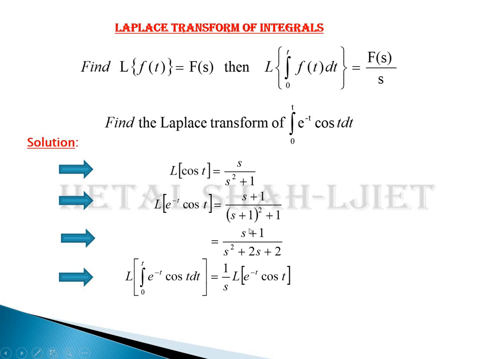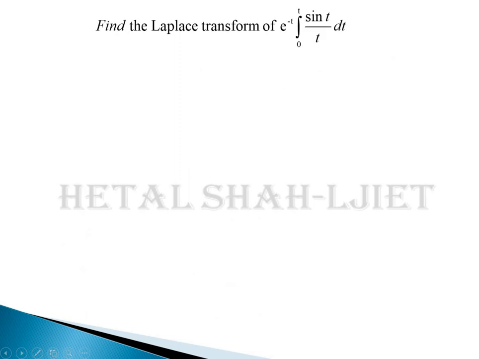This is our F of s. So F of s upon s: s plus 1 here, and s into s square plus 2s plus 2, that is s cube plus 2s square plus 2s.